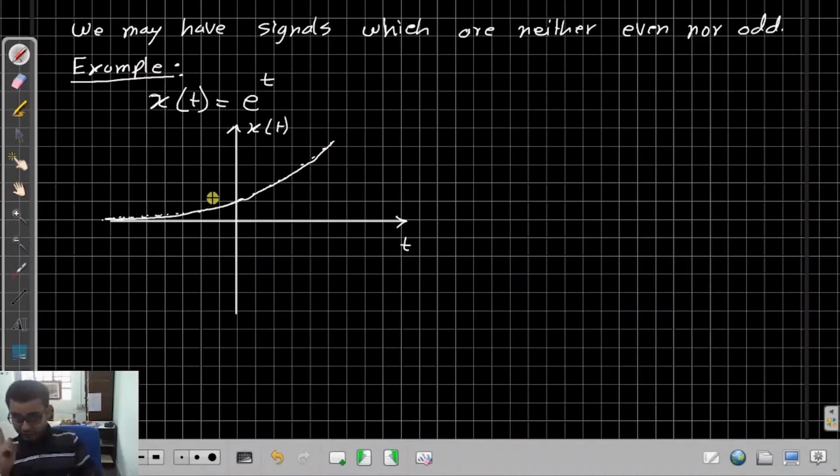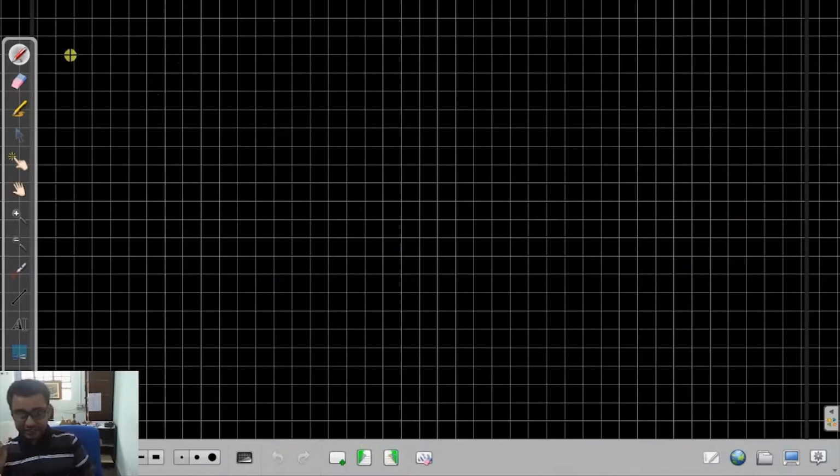Any signal can be written as the sum of an even and an odd signal.